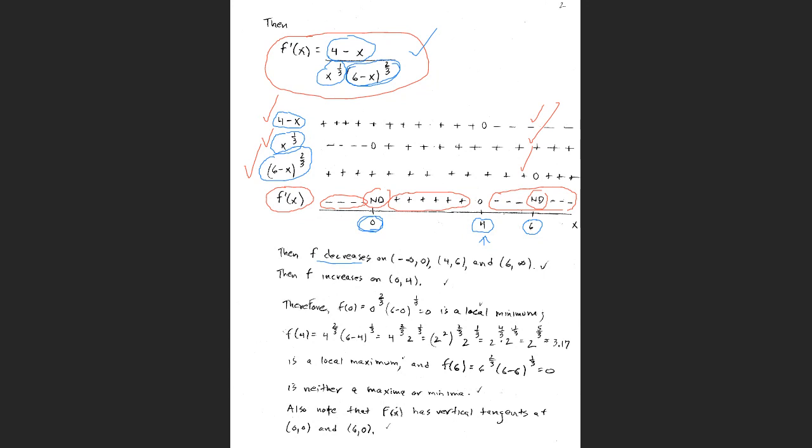Based on my chart, the function decreases on negative infinity to 0, it decreases on 4 to 6, and decreases on 6 to infinity. The function will increase when the first derivative is positive. That would be 0 to 4.